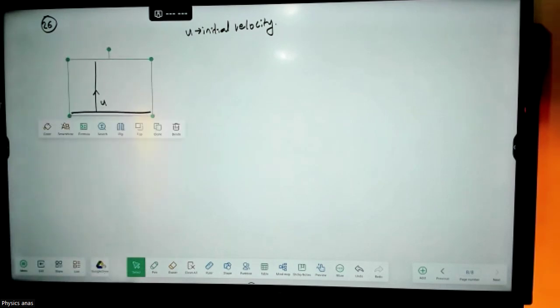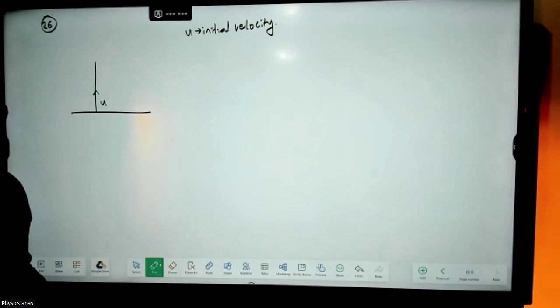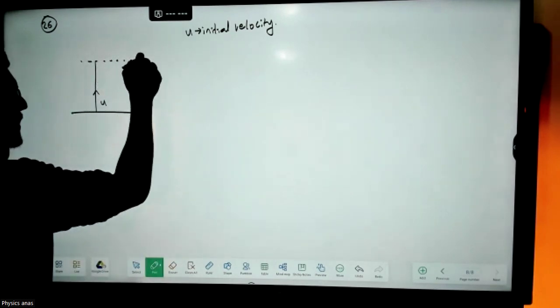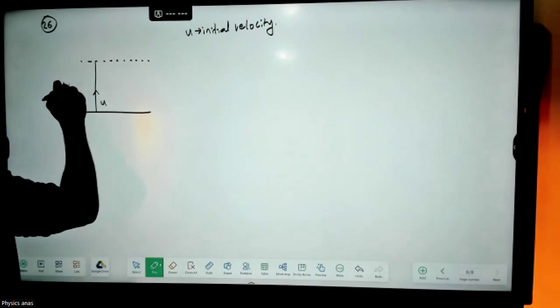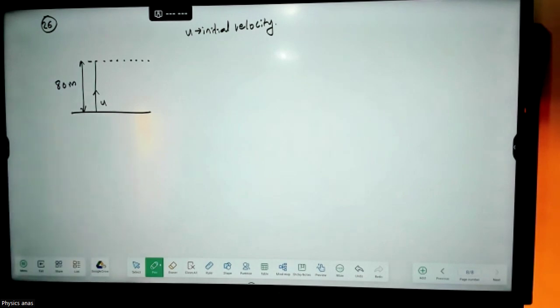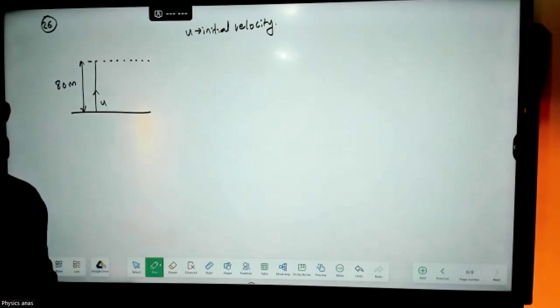What is the meaning of that? This is the point which corresponds to 80 meters, and the ball is at that point 2 times.